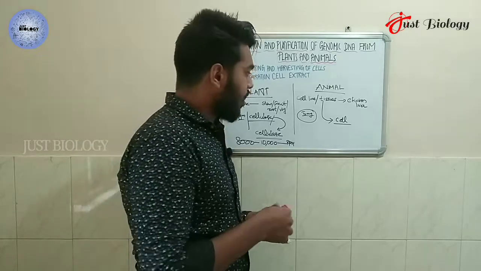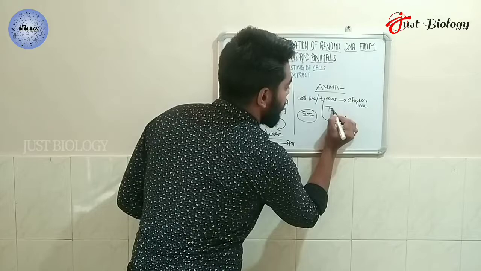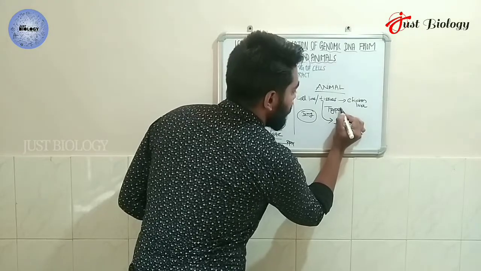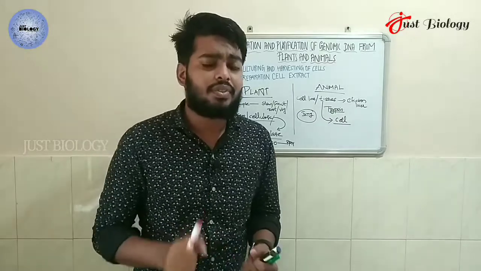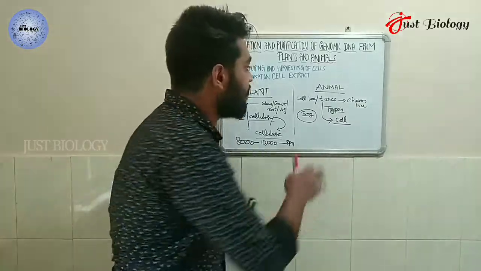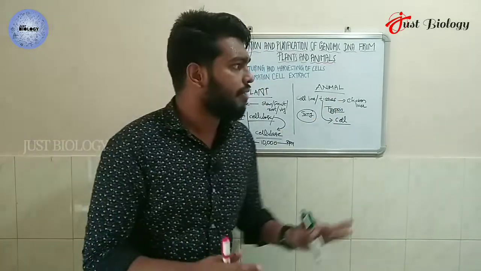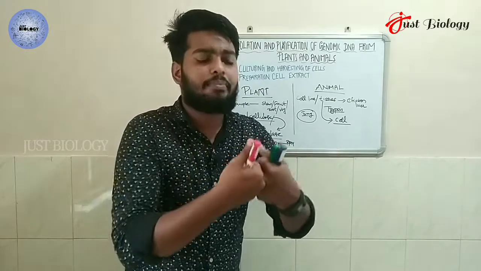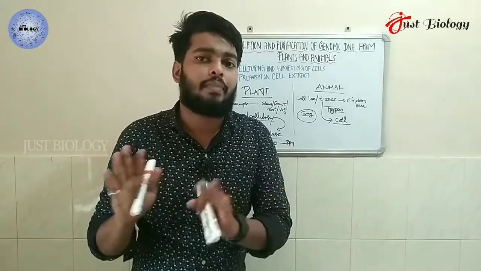For that, you have to use an enzyme called trypsin. What does trypsin do? Trypsin will break the integration, the embedding, between two cells. Cells are normally embedded with a material called ECM, extracellular matrix.